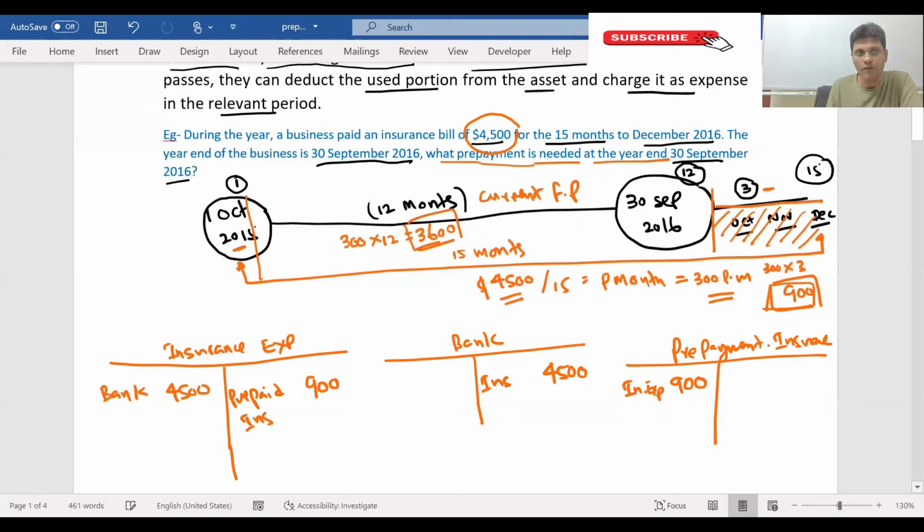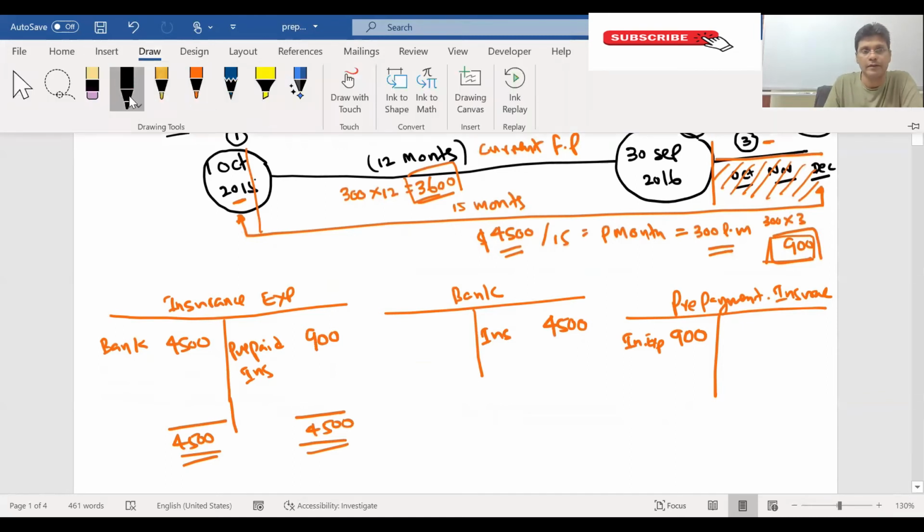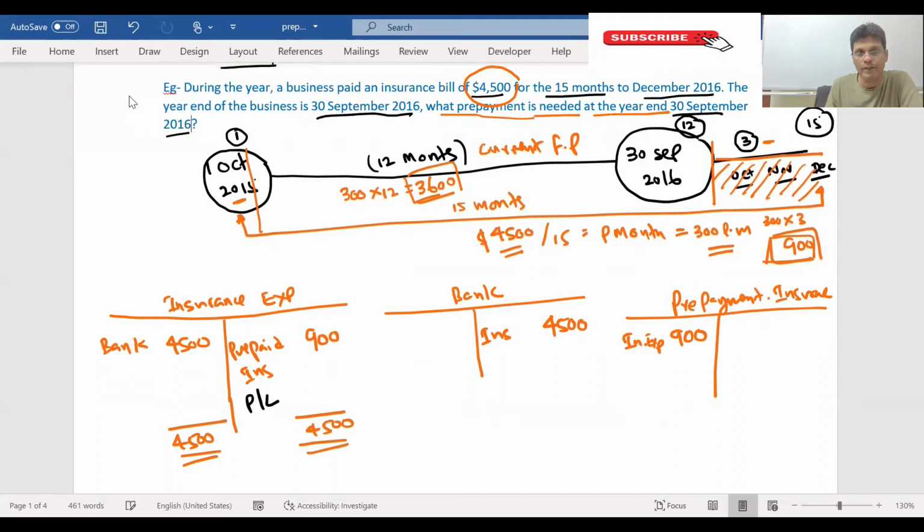Okay, so therefore what will be the P&L charge in this particular case? What is the relevant expense to be charged to P&L? Your profit and loss account should be debited with 3,600.